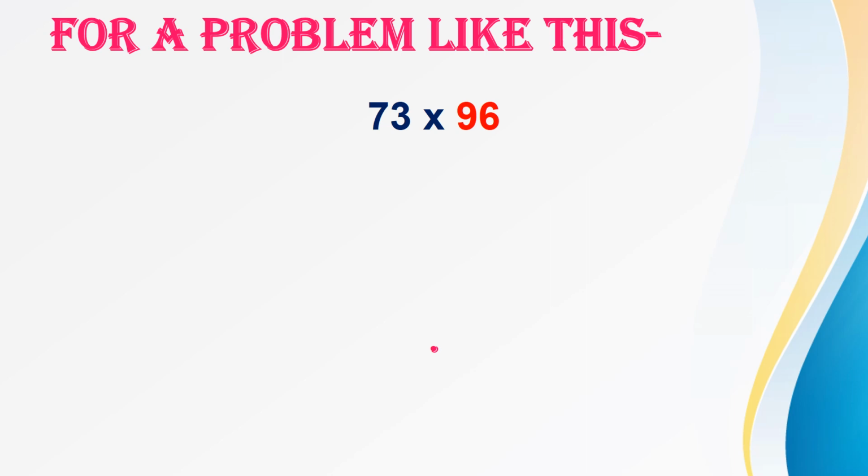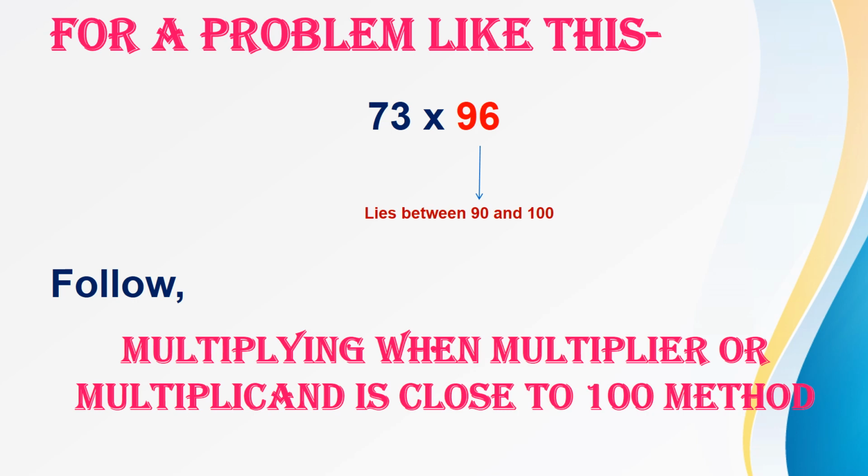Here only one factor is between 90 and 100. In such cases, we will follow the method for multiplying when the multiplier or multiplicand is close to 100.